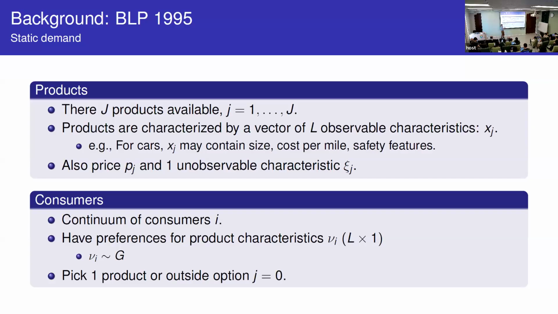If you draw high ν for size, you just love big cars. And if you draw high ν for mileage, you really want an efficient car. We'll imagine these νs are draws of heterogeneity in the population, and that's going to generate these substitution patterns. The consumer picks one product, or they can pick some outside option, which I'll call J equals 0.